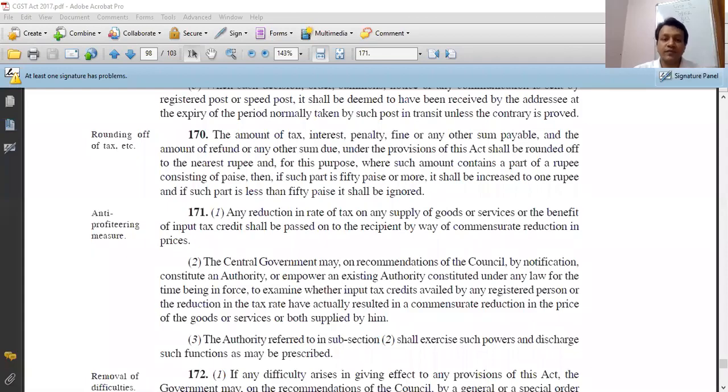Can you see the screen? I hope you can see the screen. It is section 171 and the name is anti-profiteering measure. Section 171 deals with my topic, anti-profiteering measure. It is the original CGST Act 2017 and the powers of this anti-profiteering measures have been given under section 171 of the CGST Act. So let me discuss now this section with you in detail with the help of my simplified language.